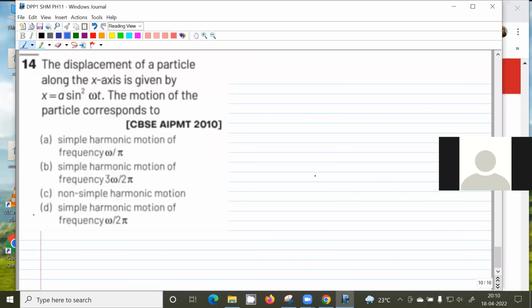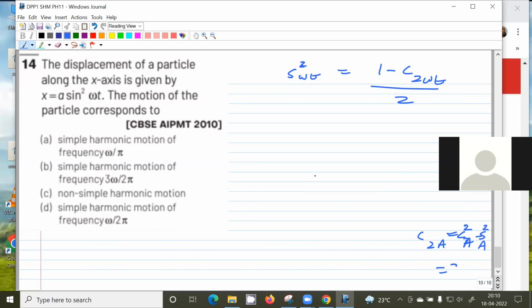Sine square omega t. This you can write as 1 minus cos 2 omega t by 2, right? Is this formula correct? I don't remember. Cos 2a formula is what? Cos A cos B minus sin A sin B. So cos 2a is cos square a minus sin square a.